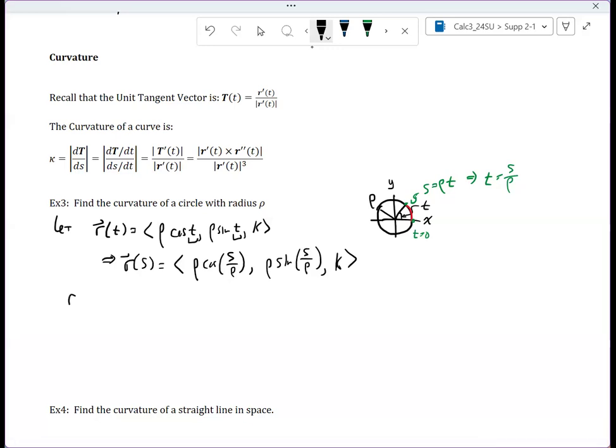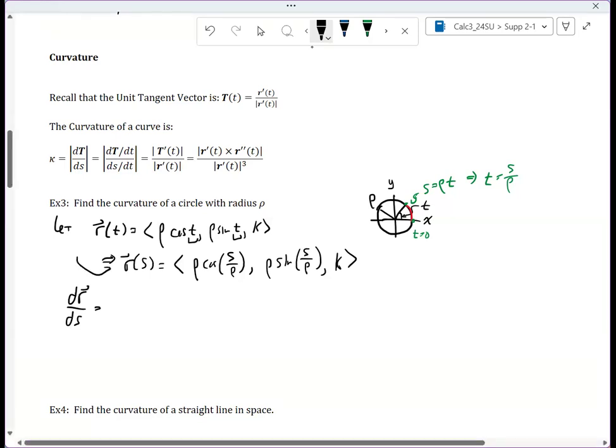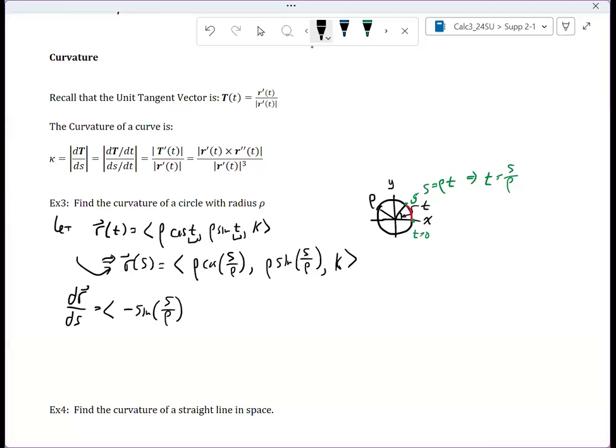Okay, so then what is dr ds? Well, this is just the derivative of r when it's written this second way, with respect to s, the arc length. So dr ds is going to be, if I differentiate my first component with respect to s, cosine differentiates to negative sine of s over rho.